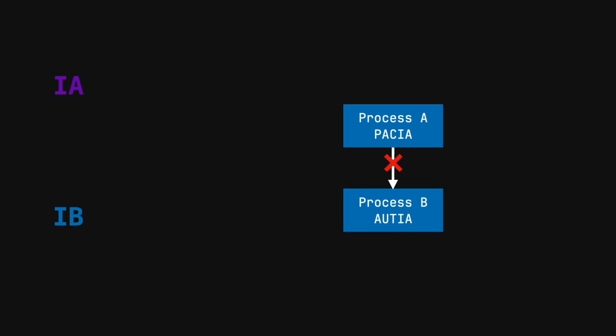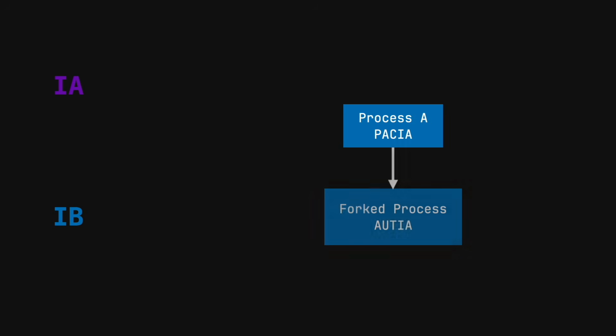A signature created with process 1's B key cannot be verified by process 2, which has its own randomly generated B key. The only exception is when a process uses fork, in which case the child inherits the parent's B key. A keys manage trust at the group level to optimize library sharing. B keys manage trust at the local execution level.